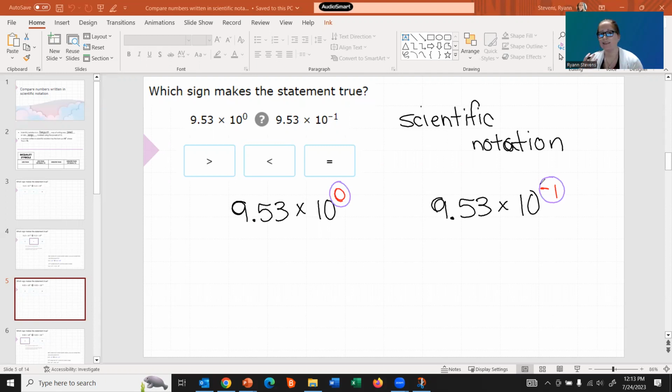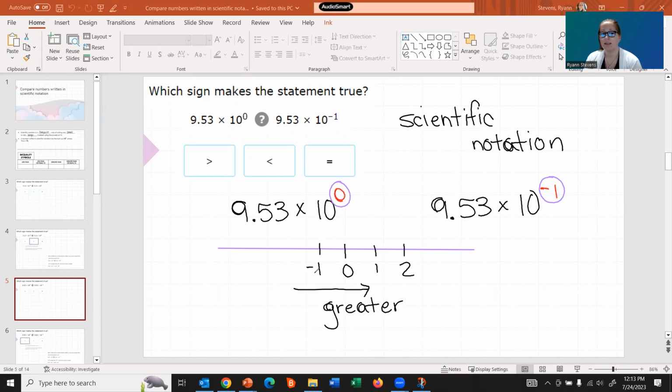Even though 0 is neither positive nor negative, it is still greater if we thought about a number line. Okay, number lines here. And then we have 0 and -1. We have to remember that the further right we go, the greater the numbers get. So in this case, 0 is further to the right than -1 on a number line.